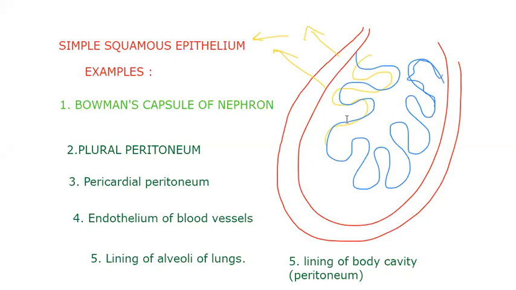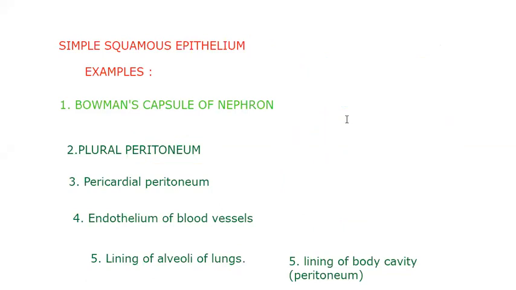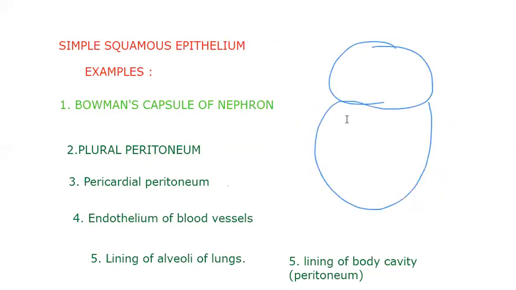So remember this pleural peritoneum, which is the lining of the whole lung. Then there is the lining of alveoli of lungs, the alveoli which are present inside the lungs. Okay.